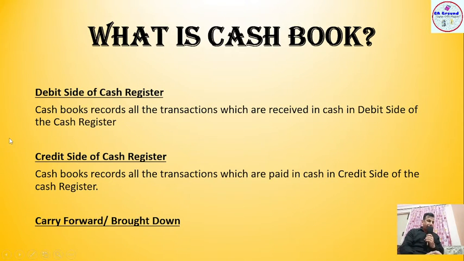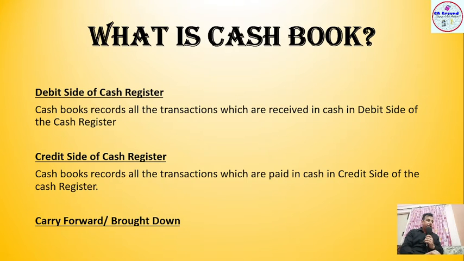So simply, you must understand that whatever we are receiving, you have to keep in debit. Whatever you are paying, you have to make the payment on the credit side. So if you see the actual picture of the cash book, it always shows the debit balance. That means you have this much amount.